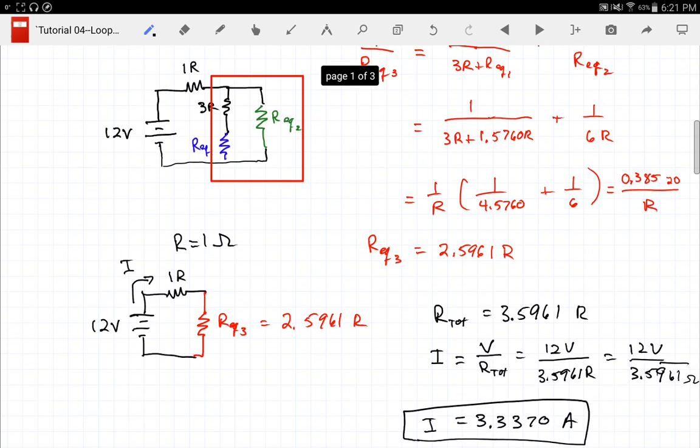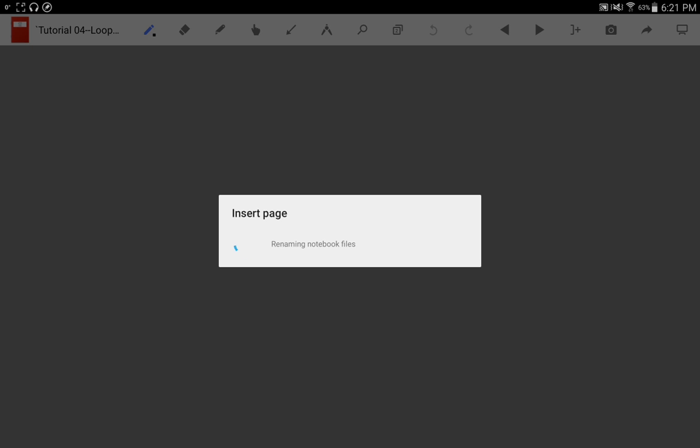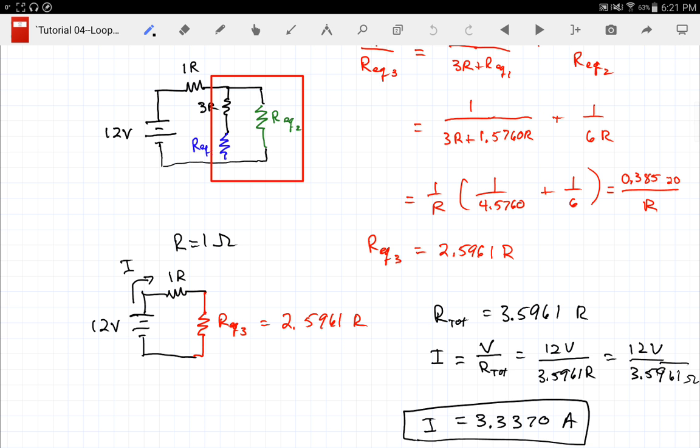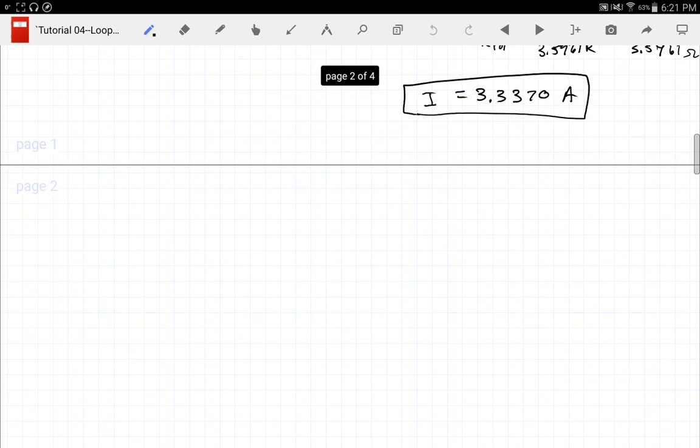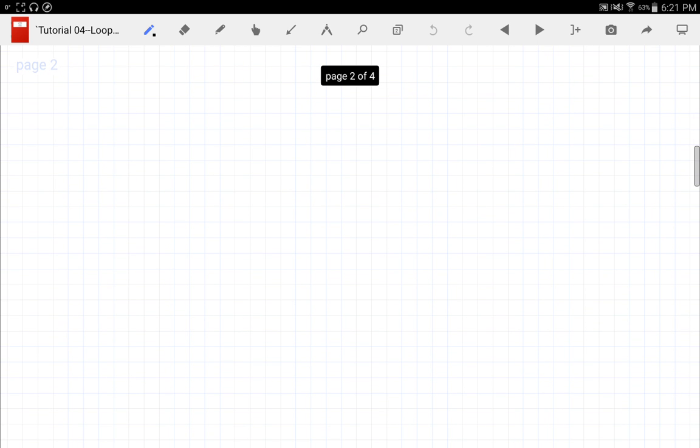So now I'm going to have to put in a new page for this. So if I want to find the current through R3, I have to bring my circuit back at least to this state.